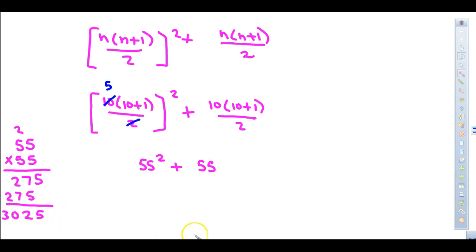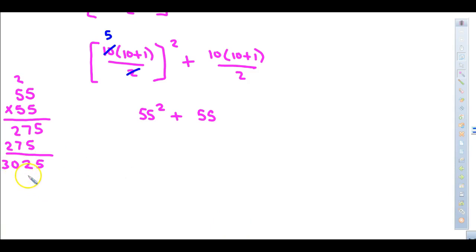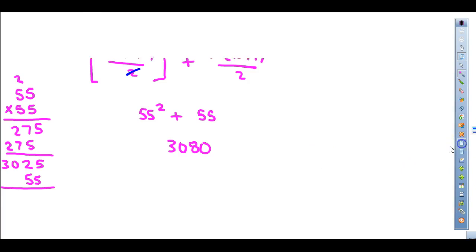And then I'm going to add 55 to that. And that gives me 3,080. So yes, you can do this without a calculator and not die. You can actually survive it. Last one, number 36.